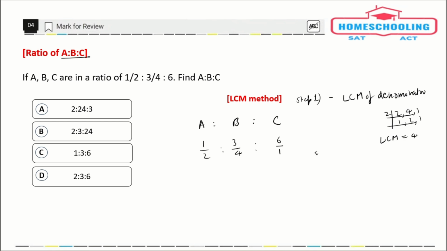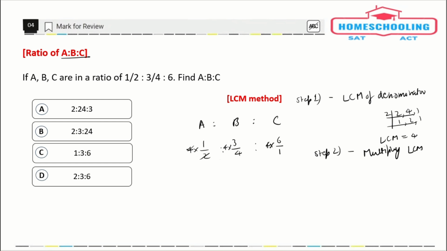In step 2 of the LCM method, we are going to multiply the LCM with all of them. So we'll multiply 4 here, 4 here, and 4 here.